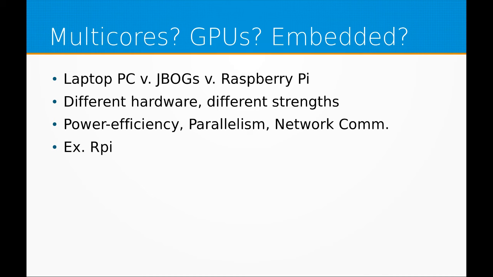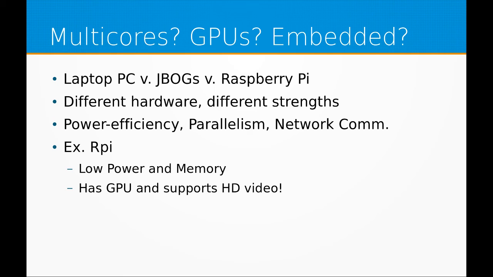And for example, I like this example a lot because if we take the Raspberry Pi, it has low power and memory. I think the latest was 1 GB. But the interesting thing is it has a GPU and it can support HD video.